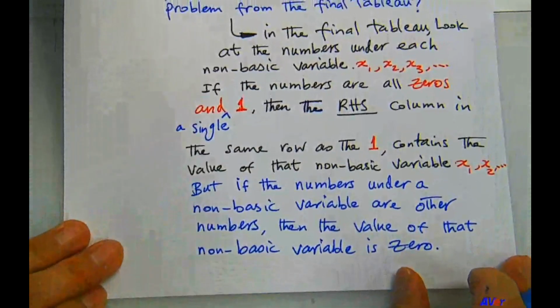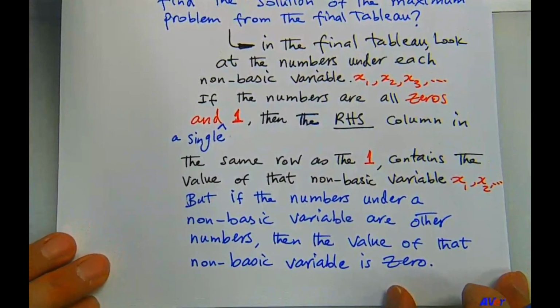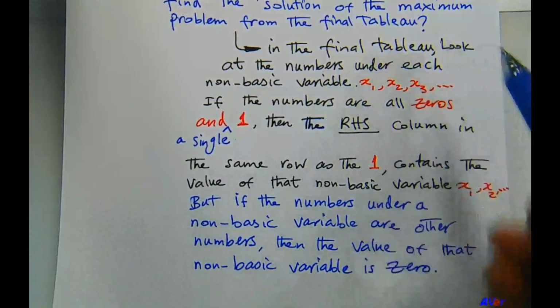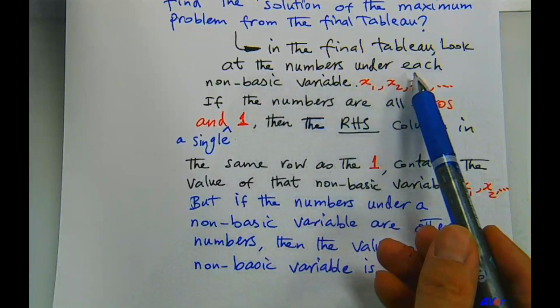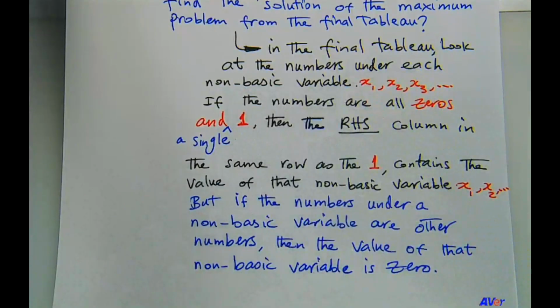Okay, so once we have the final tableau, we're going to look at the numbers under each non-basic variable.